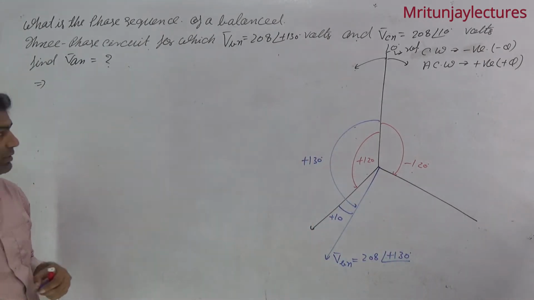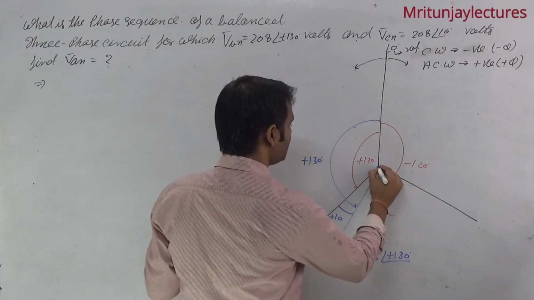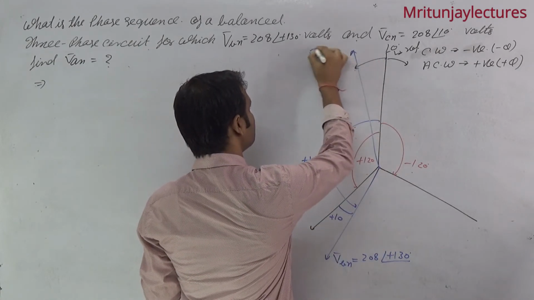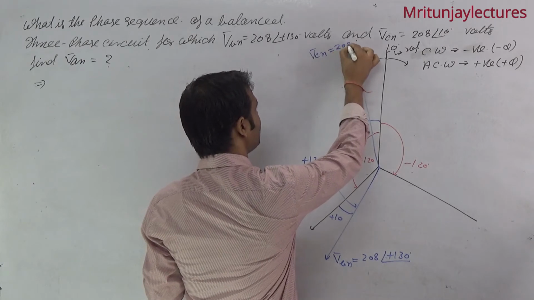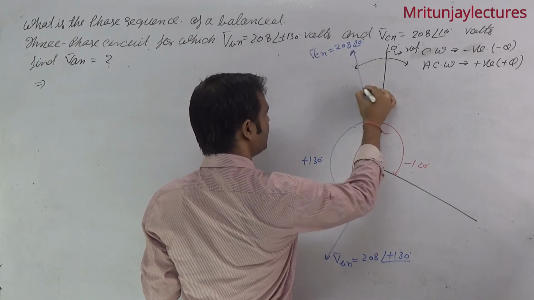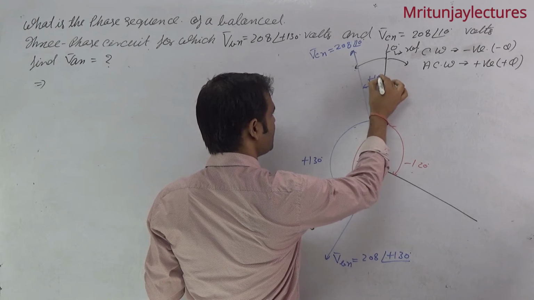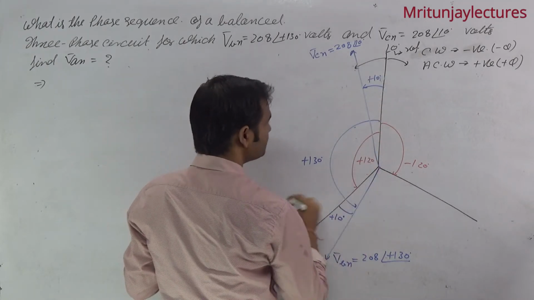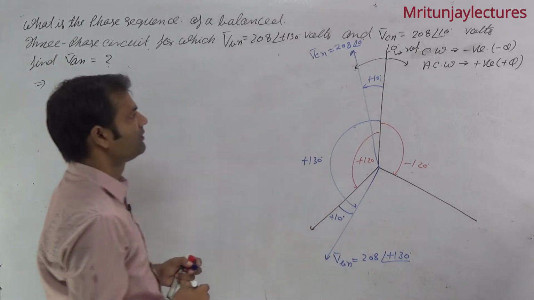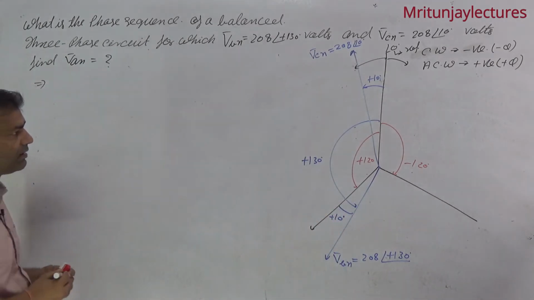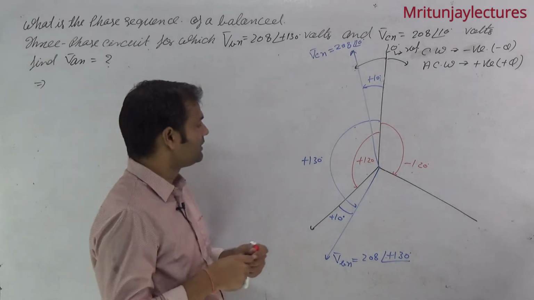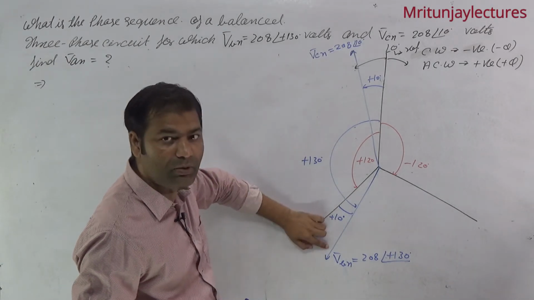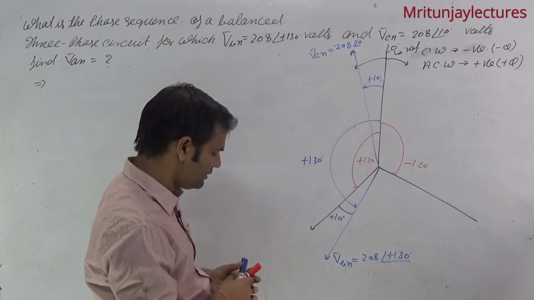What about VCN? VCN is equal to 208 at the angle plus 10 degrees. Clear? Make it like this one. First of all, C lags B by how much angle? 120.